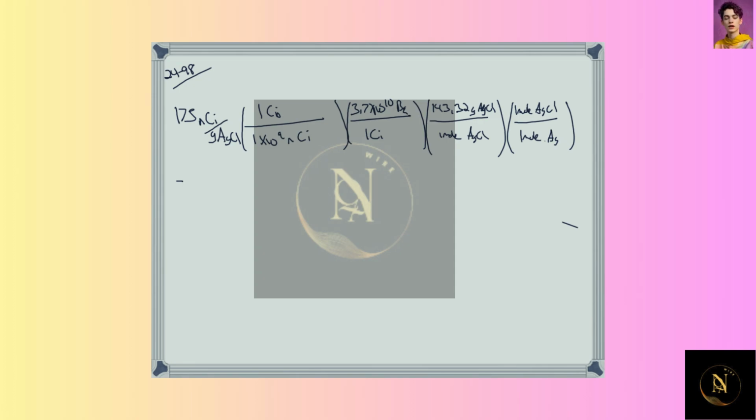Let's see if this is helpful with the subsequent information that was given in becquerels per milliliter. So this calculation up here gives us 9.28 times 10 to the fifth becquerels per mole of silver ions.